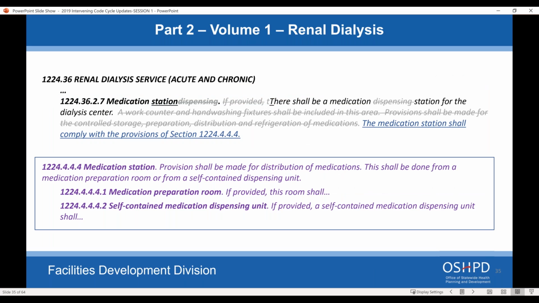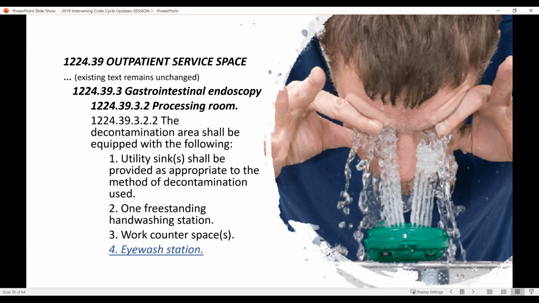For renal dialysis, we're just adding the requirement for a med station. And that can be either a med prep room or a self-dispense medication dispensing unit. Outpatient services for GI endoscopy rooms, just to align with FGI standards, we added the requirement for an eye wash station.